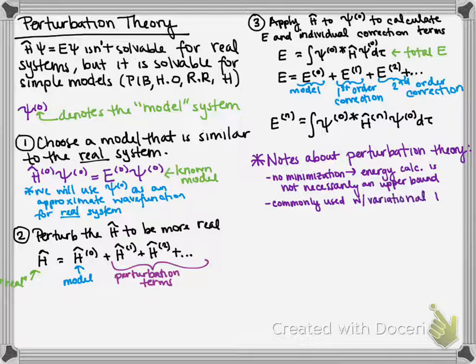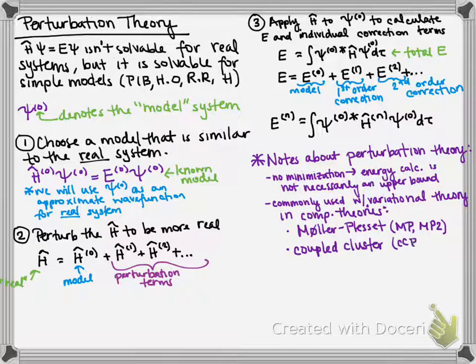Another thing to note about perturbation theory is that it's commonly used alongside or mixed with variational theory in several computational methods or theories. So in WebMO, when we're looking at our theories, if we look further down the list of options, remember we have Hartree-Fock near the top, DFT somewhere in the middle. Towards the bottom, in the WebMO introduction video, I told you that these were ones we don't normally use. There's MP2 and there's some CCPD.